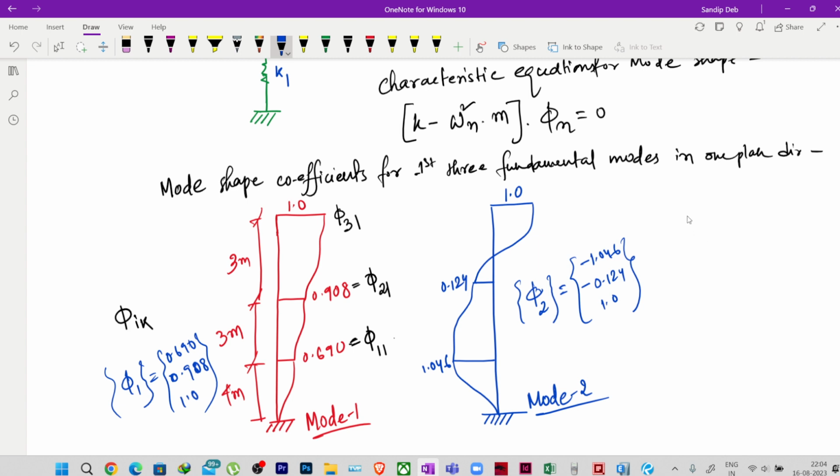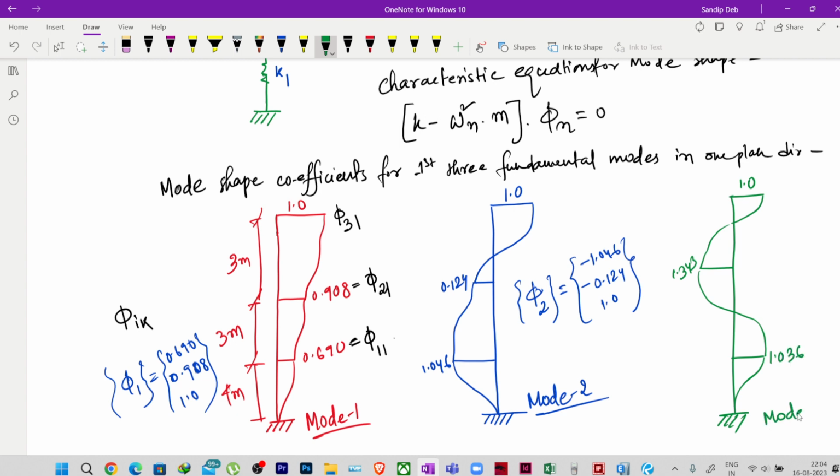Now similarly for the third fundamental mode. These are the main governing modes. I'm drawing these three governing modes for one plane direction. It will be again 1.0, 1.343, and 1.036.